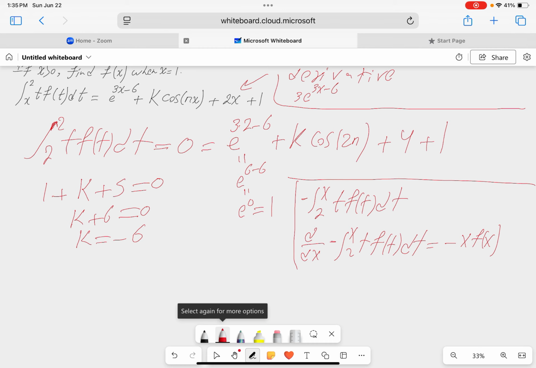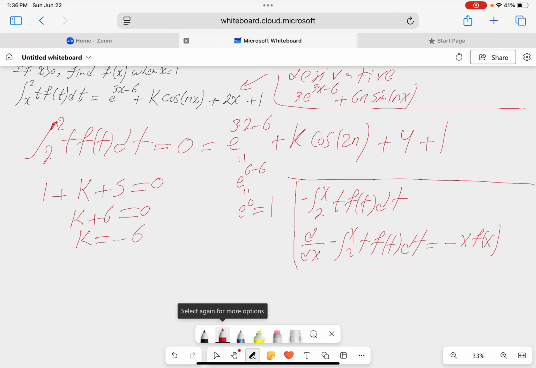So this becomes negative 6. But remember, when you take the derivative of cosine of pi x, it becomes negative sine of pi x, right? So this becomes plus 6 pi, because you take the derivative of pi x, and then sine of pi x.